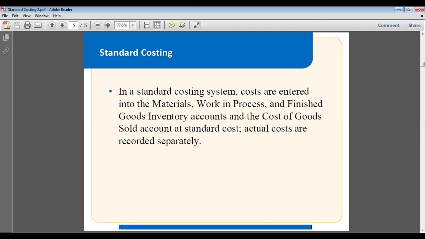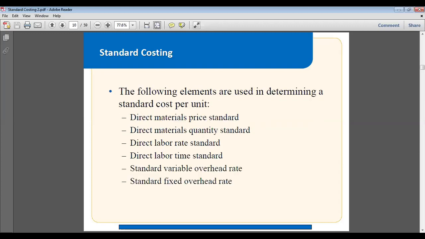These two are placed at different places. The following elements are used in determining a standard cost per unit.